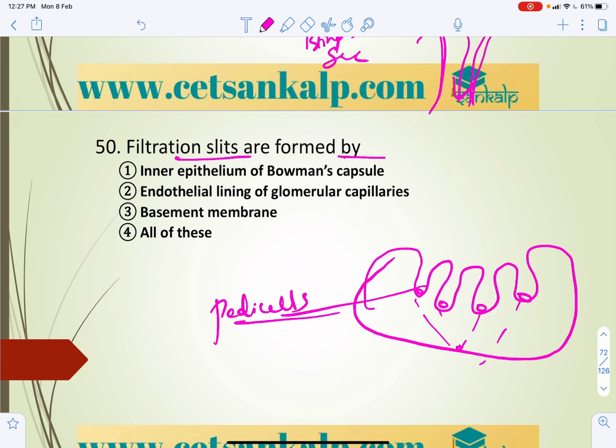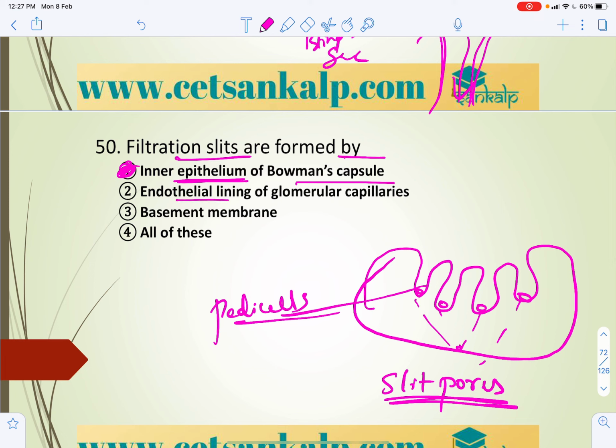These are generally called filtration slits or slit pores, seen in the inner epithelium of the Bowman's capsule. So the answer for that is not the endothelial lining of the glomerular capillary, nor the basement membrane in between these two. Answer 50 is this one. Let us continue with the next questions in the next part.